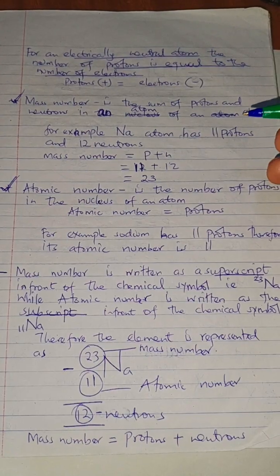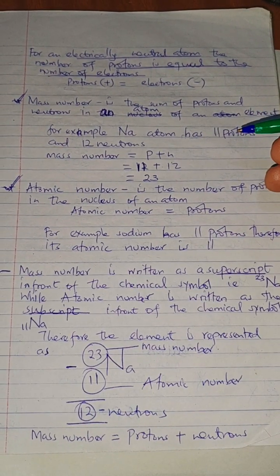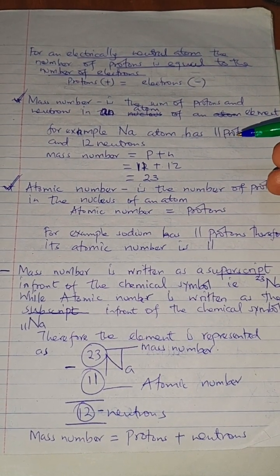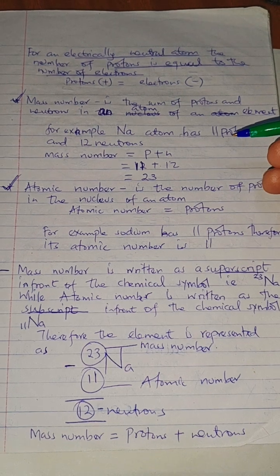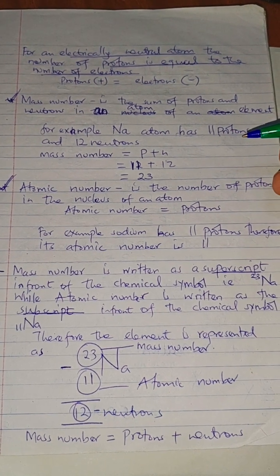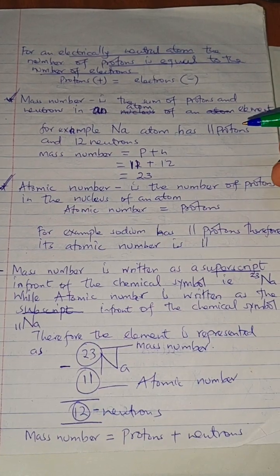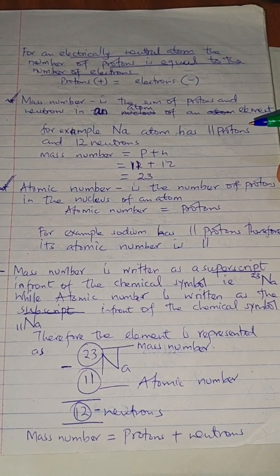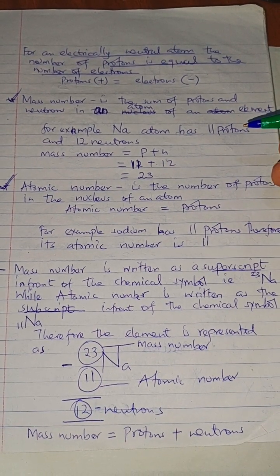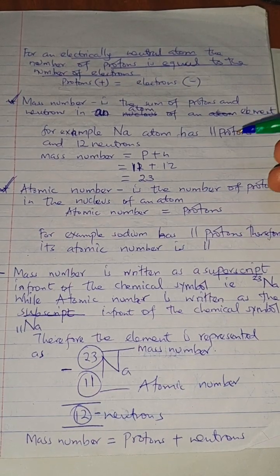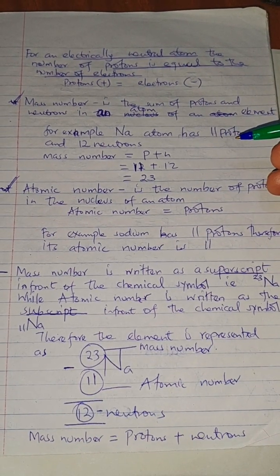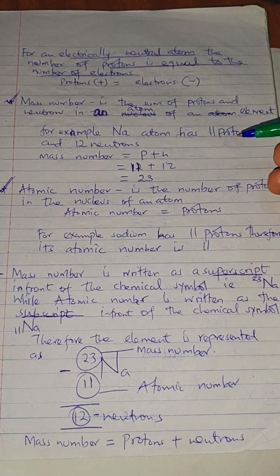Phosphorus has 15 protons in the nucleus, so its atomic number is 15. Aluminium has 13 protons in the nucleus, therefore its atomic number is 13. Neon has 10 protons in the nucleus, therefore its atomic number is 10.